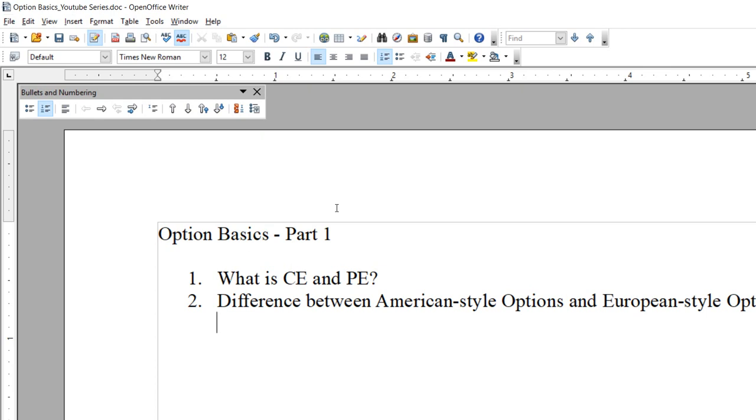Now, call option, as I will cover in detail in the next few parts, but American style options can be exercised anytime, and European style options can be exercised only during the expiry.